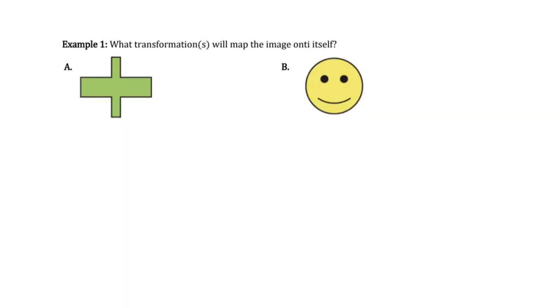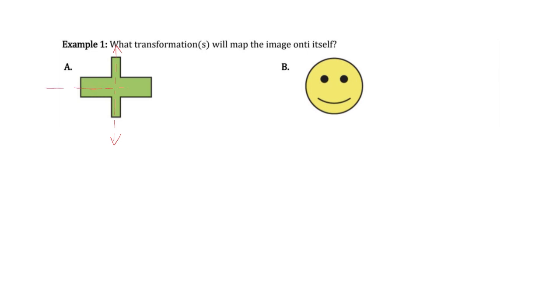So in this example 1, what we're going to do is figure out which lines we can create, or rotate, or things like that to map this onto itself. First, we'll think of line symmetry. Well, if we put a line here, it will map to itself.